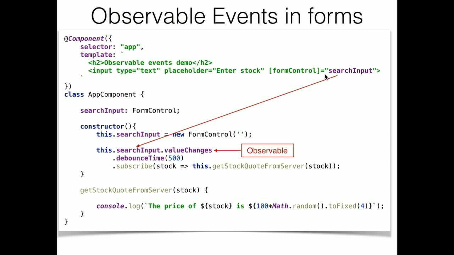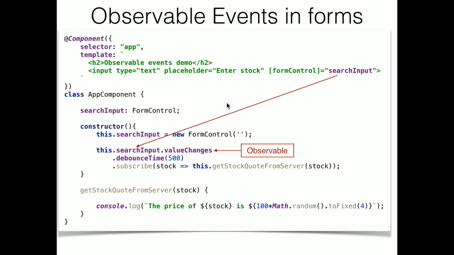These brackets mean binding in Angular. This FormControl directive to the variable searchInput. What is searchInput? It's a variable that I declared in my class. It's of type FormControl, and I created an instance of it. So now the instance of the FormControl object is mapped to the input field, this particular one.